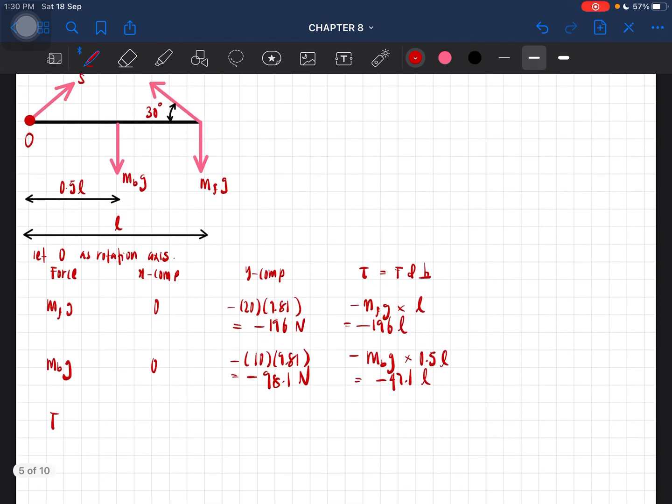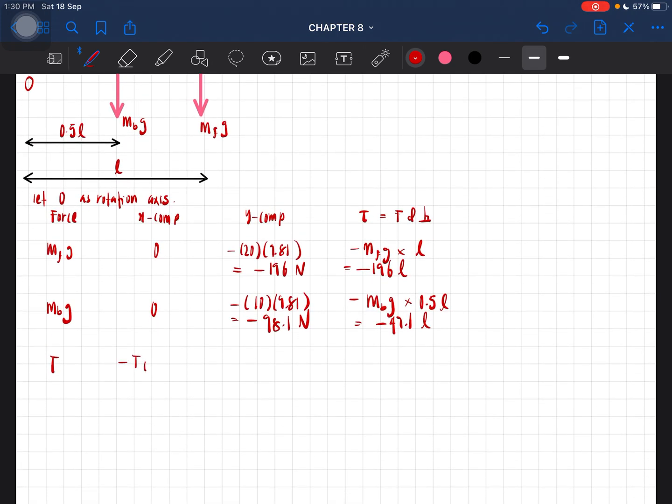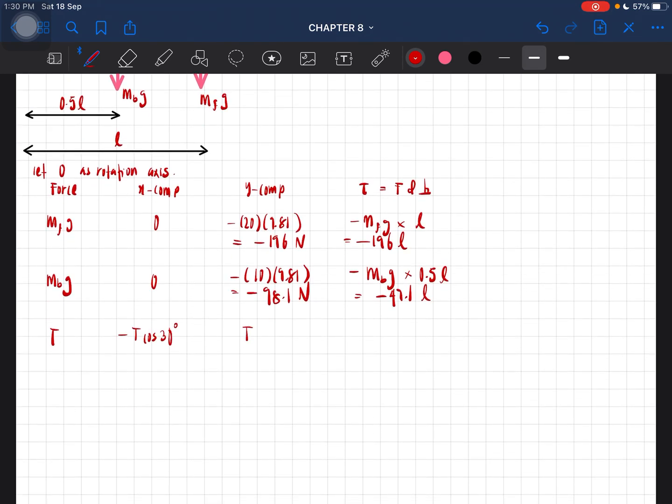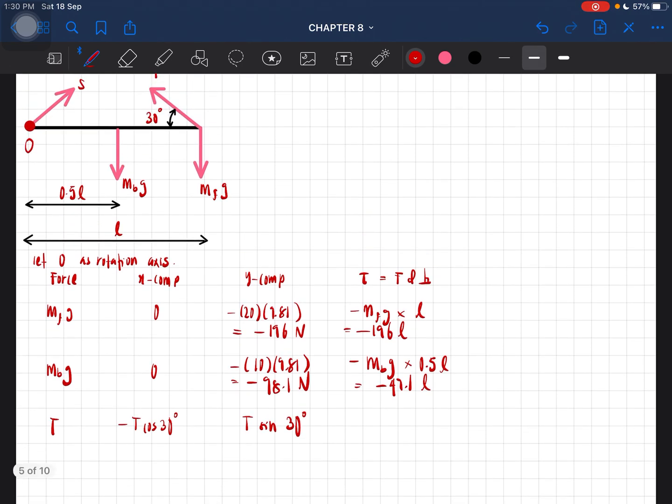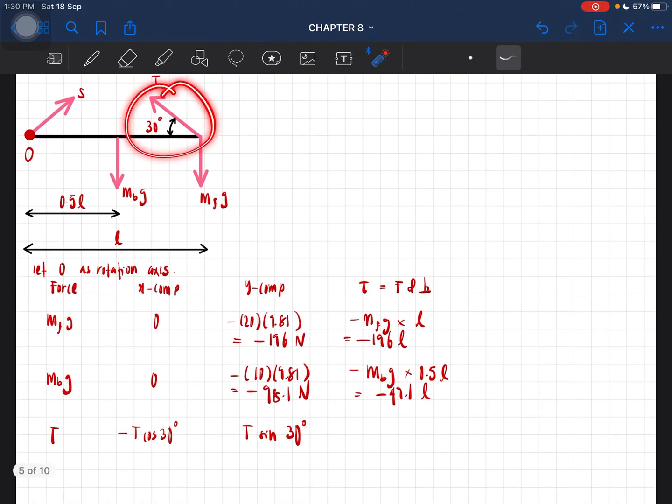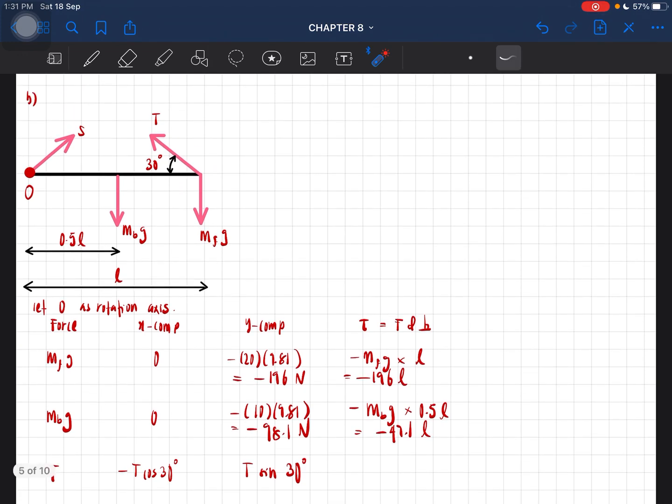So tension for X component is negative T cos 30 degree. Y pula T sin 30 degree. Okay, and then torque. Now we can look at torque pula. So untuk yang torque bahagian ini, kita akan resolve dulu dia sampai dia jadi perpendicular.